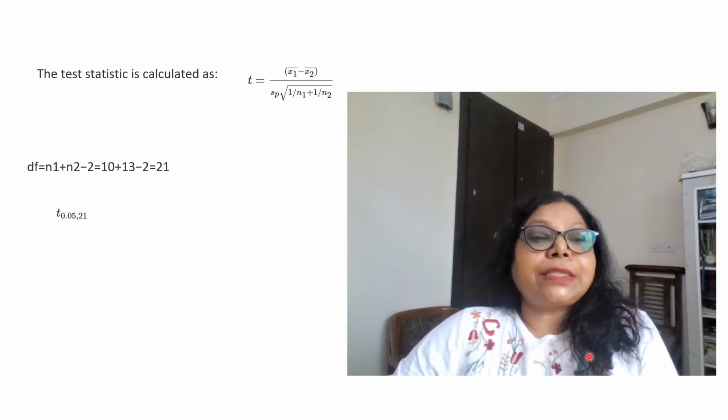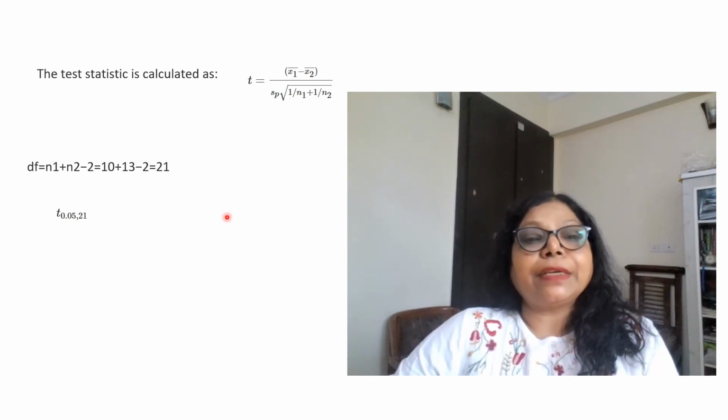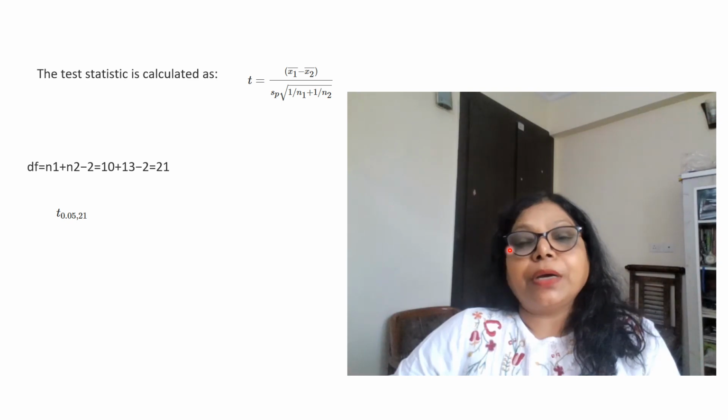Using the body fat data, at alpha 0.05, the degrees of freedom are based on the group sizes, which we have calculated to be 21. So we can write t with 0.05 comma 21.